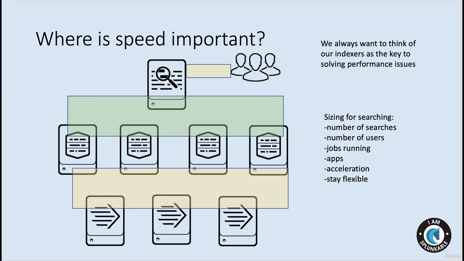If we're using acceleration to speed up our search time to completion, we also want to stay flexible and figure out if we need to scale horizontally by adding more indexers to increase our performance, or scale down and reduce the number of indexers to save on cost and budget considerations.